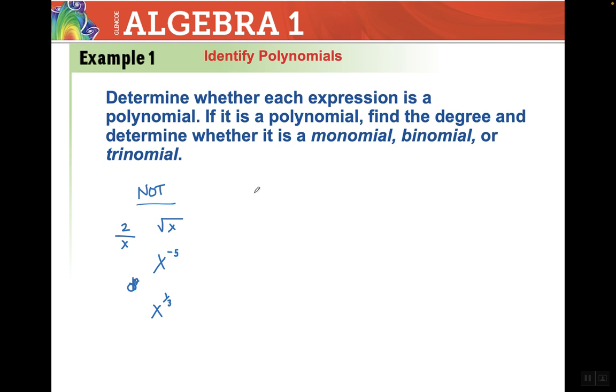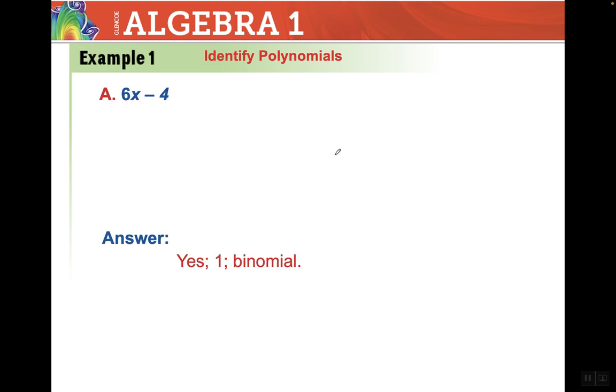So what we're going to do is determine if something is a polynomial, and if it is, then we're going to find the degree and decide if it's a monomial, one term, binomial, two terms, or trinomial, three terms. Oh, they just give you the answer. Great. Okay. So this one is a polynomial, and there are two terms. Terms are separated by plus or minus signs, okay?